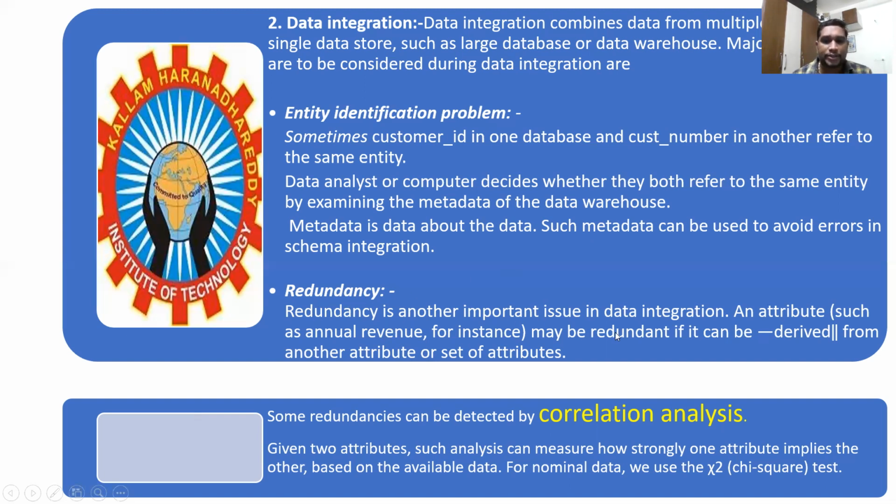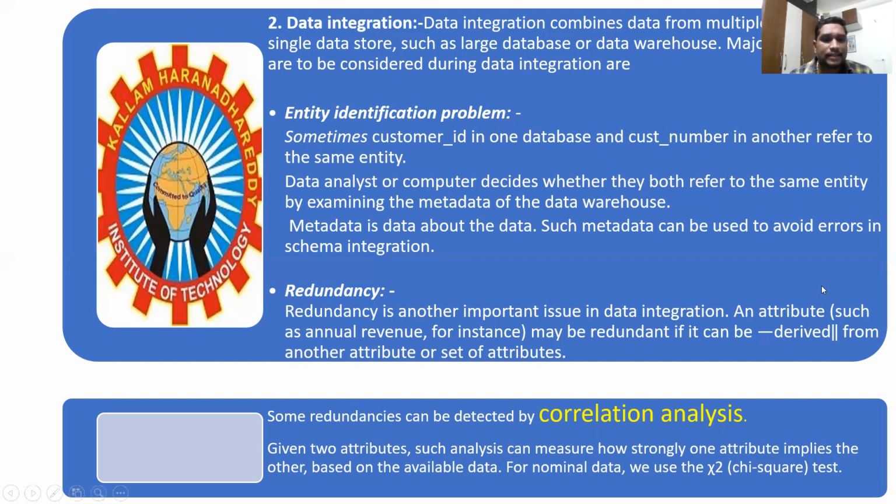The next one is redundancy. It is another important issue in data integration. An attribute may be redundant if it can be derived from another attribute or set of attributes. If you are deriving data from super data to child data, then there can be a problem called redundancy. So you have to identify whether there is some redundant data or not.